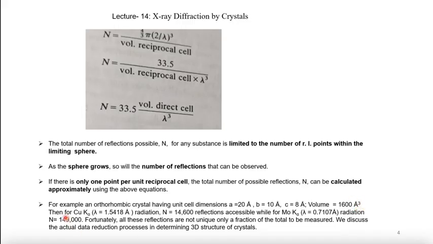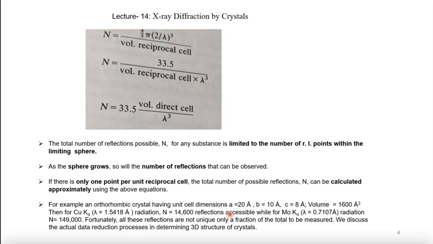If we take the copper radiation, 1.5418 angstrom, and put it here with the direct cell volume, we can get the number of possible reflections, and that becomes 14,600 reflections for this particular example.